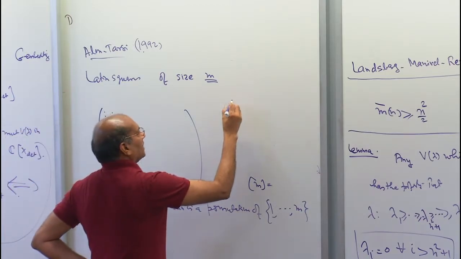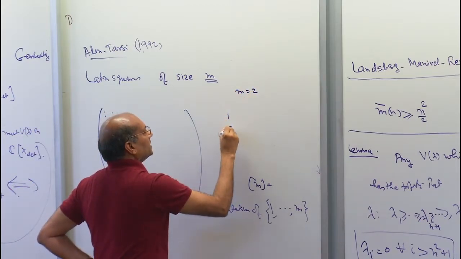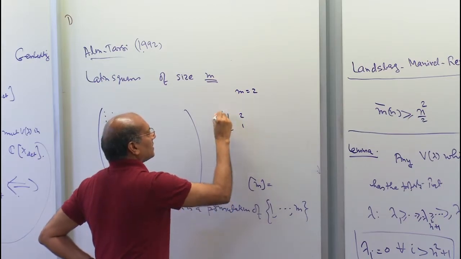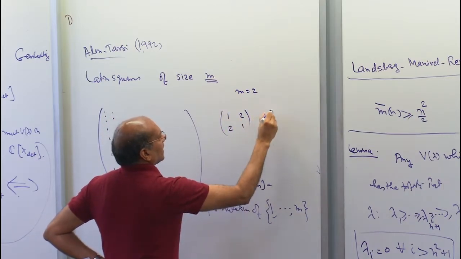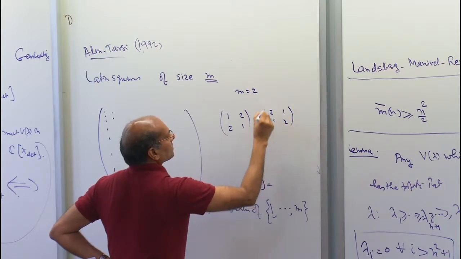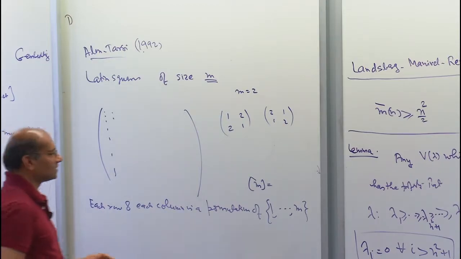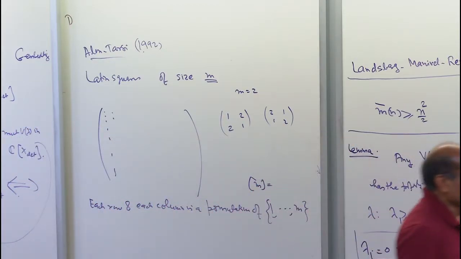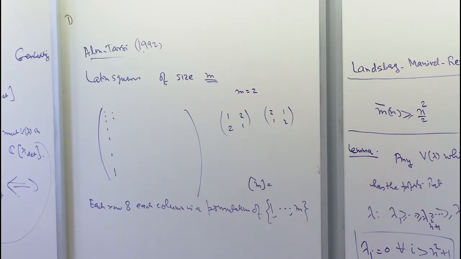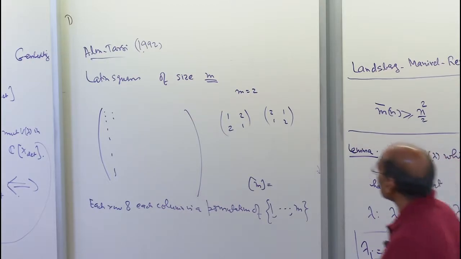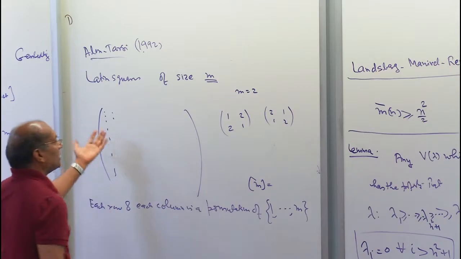Let's say if I take m equals 2, then we have 1, 2, 2, 1, and then we have 2, 1, 1, 2. Only 2. Right. So this is called a Latin square.